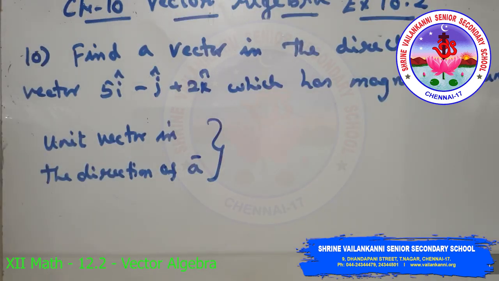10th question. Find a vector in the direction of vector 5i minus j plus 2k, which has magnitude 8 units. Let a equal to 5i minus j plus 2k.